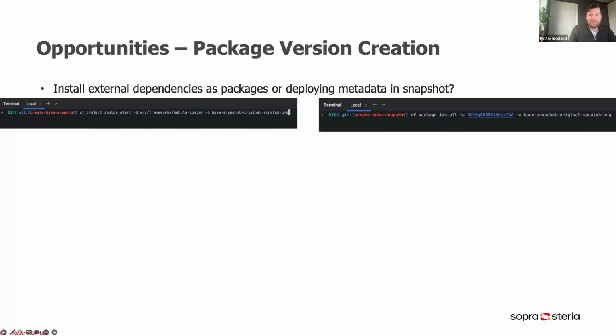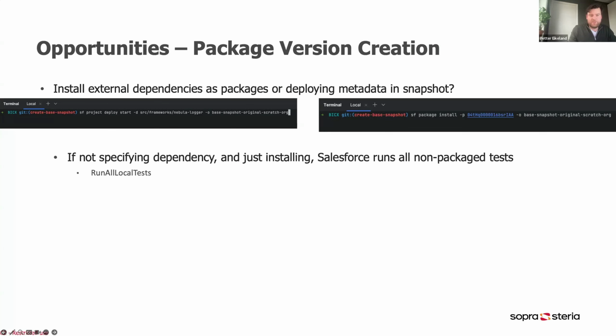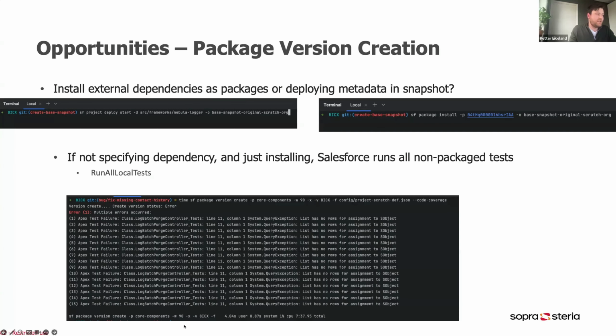And you actually get some differences. What you will see is that if you don't install it as a package, Salesforce actually runs all the non-package tests for the package version creation. It uses the run all local tests flag or specification on Apex tests, which means that you can actually get, as you see here, Apex test errors in the verify metadata step for your framework or external packages.